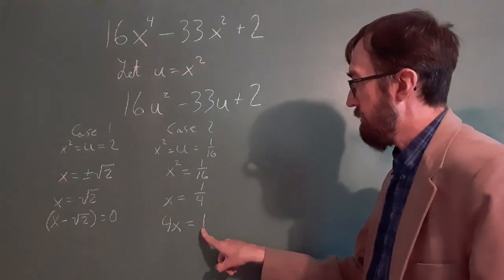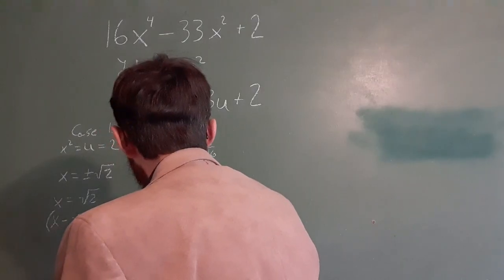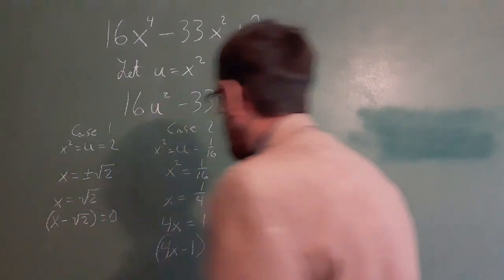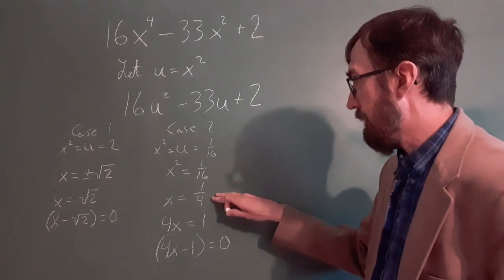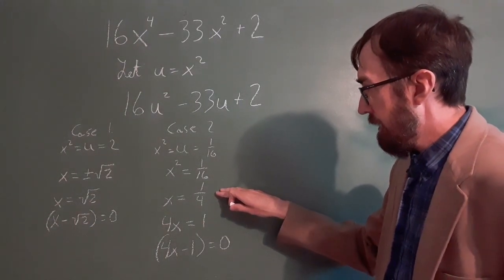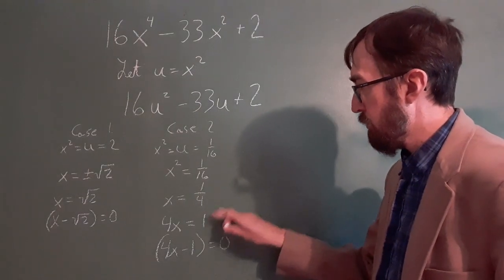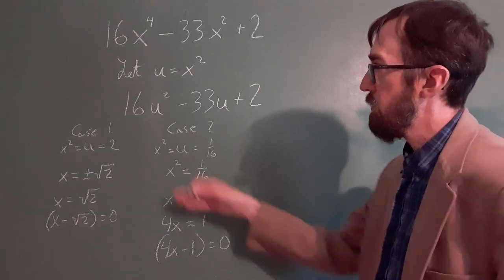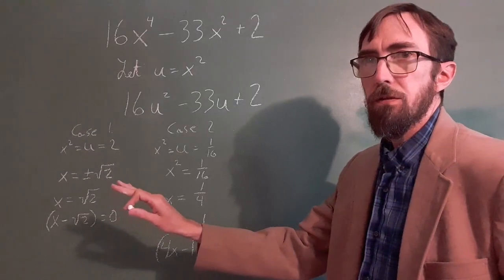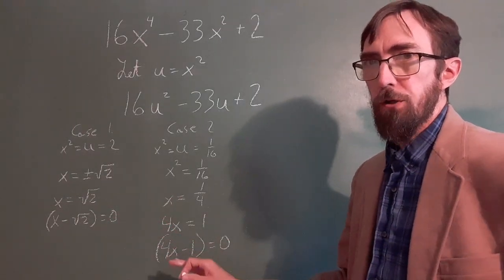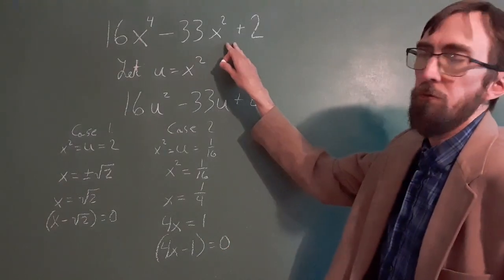And then I'm going to subtract 1. And this is equal to 0. I'm going to do the same thing with the negative version of the quarter here. And that will give me 2 factors from case 2 and 2 factors from case 1. So that is a total of 4 binomials that, when I multiply together, will give me the original quartic.